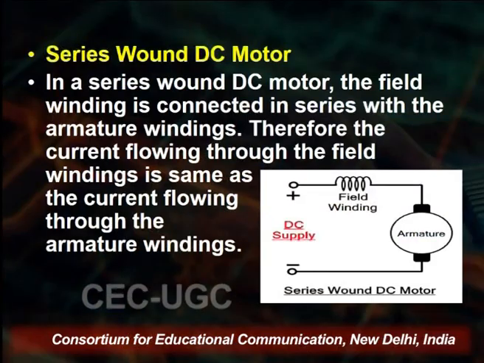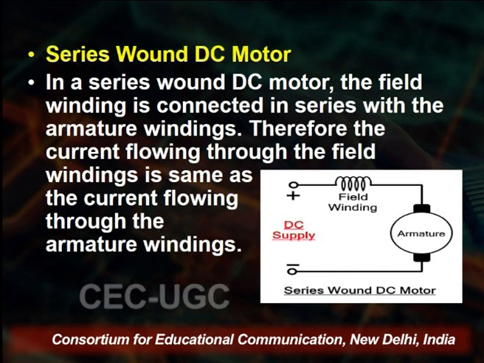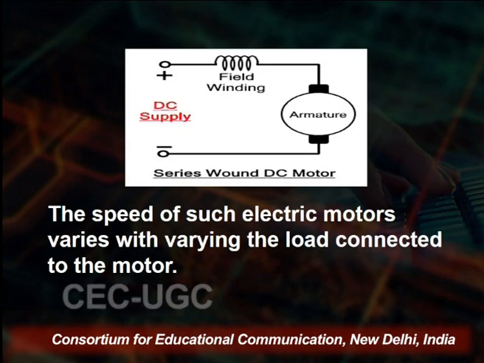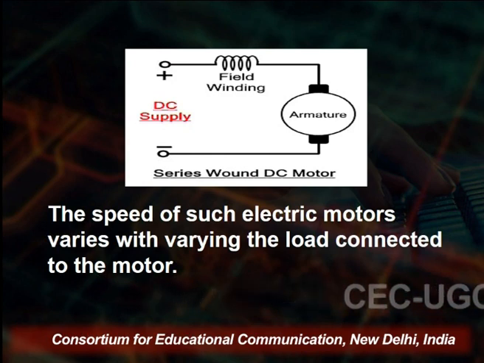In the series wound DC motor, the field winding is connected in series with the armature winding, and the current flowing through the field winding is the same as the current through the armature. The speed of this type of motor varies with the load connected to the motor.